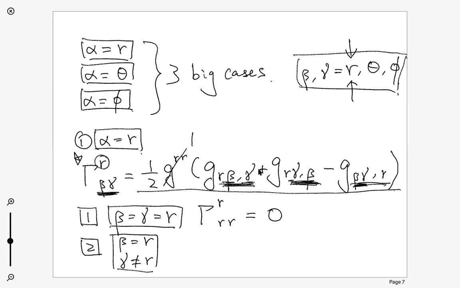So this really means that we're looking at the r theta component, or the r phi component of the Christoffel symbol, right? But what are they? Can you quickly tell us what is the value of these two Christoffel symbol components?